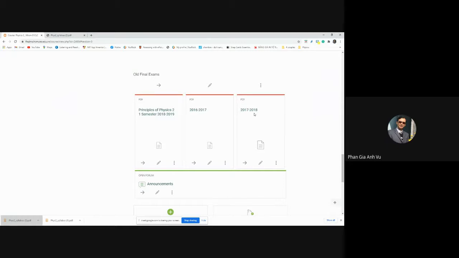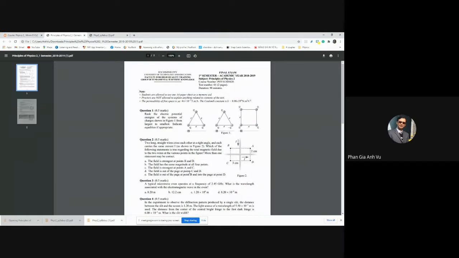So you will see how the exam will be. Now let's click on that and open it to get the feeling of how the exam will be.